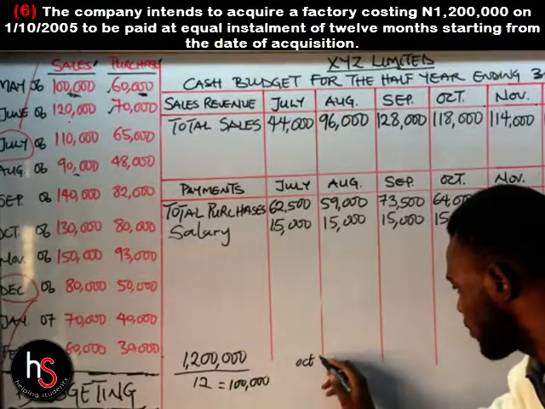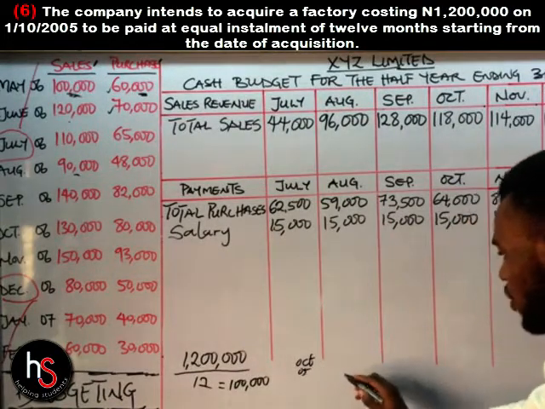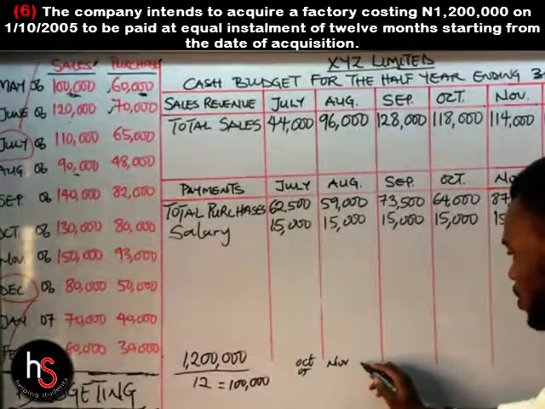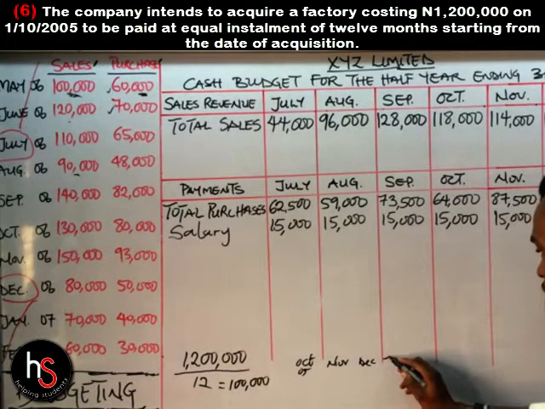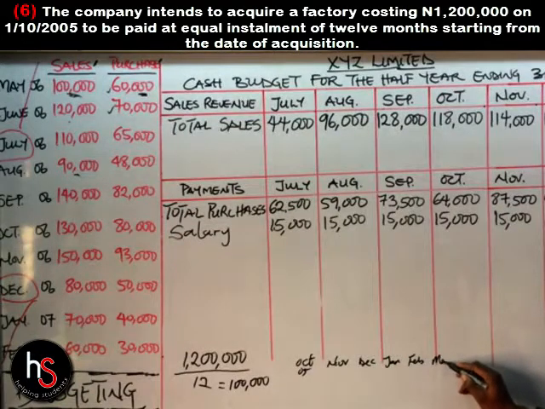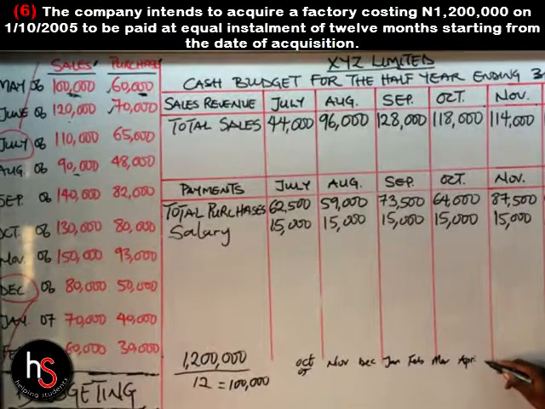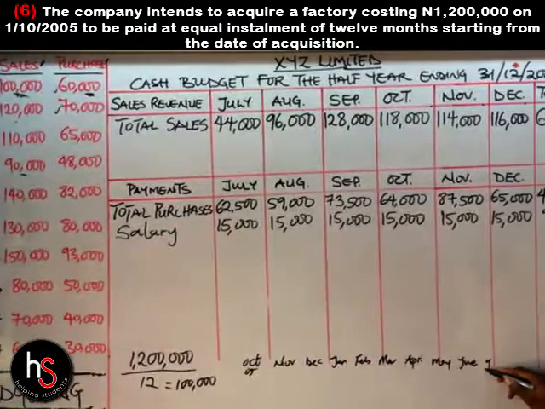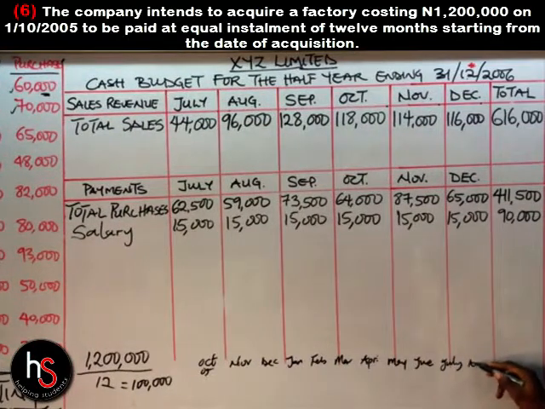We have October 2005, November, December, January, February, March, April, May, June, July, August.